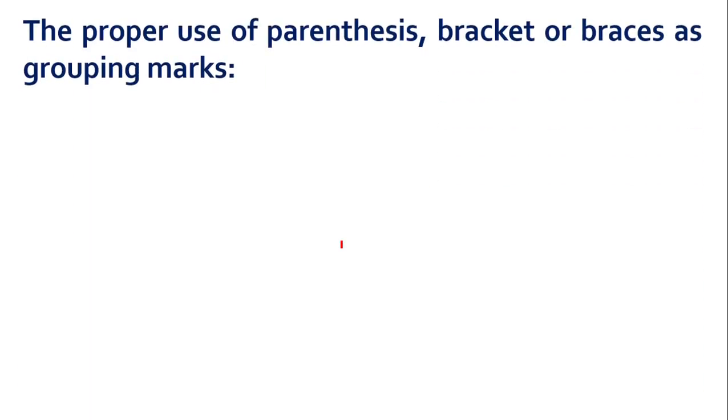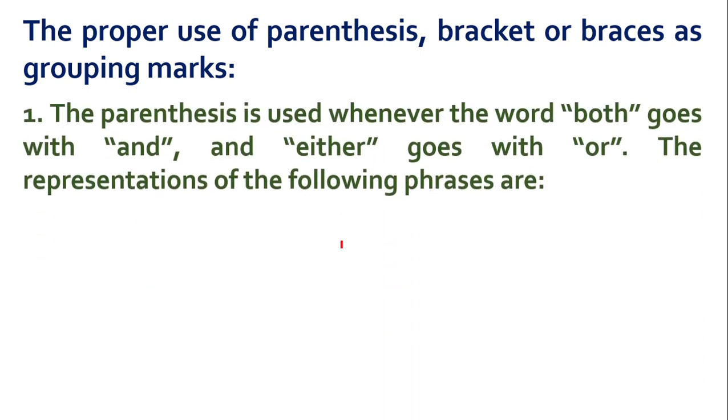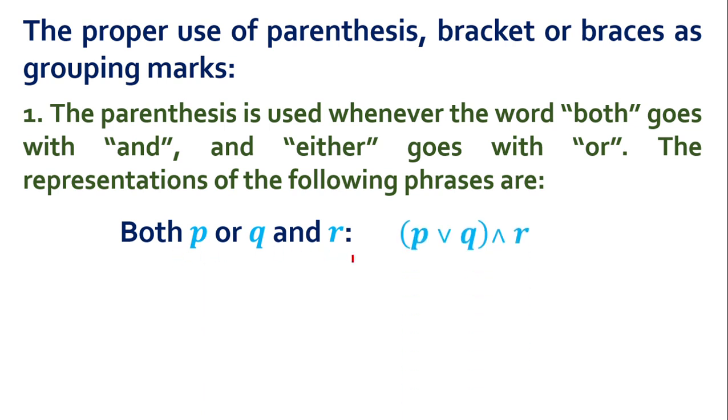So the proper use of parentheses, brackets, and braces as grouping marks. The parenthesis is used whenever the word both goes with and, and either goes with or. The representation of the following phrases: for example, both P or Q and R. Yan yung ating ibig sabihin.